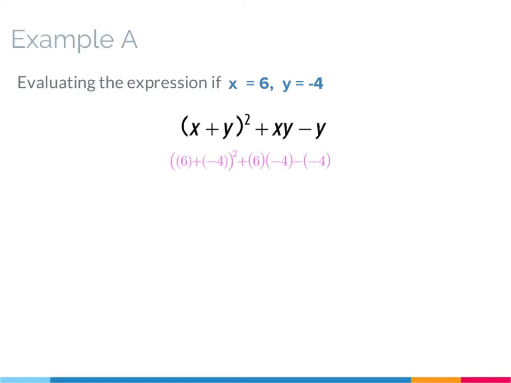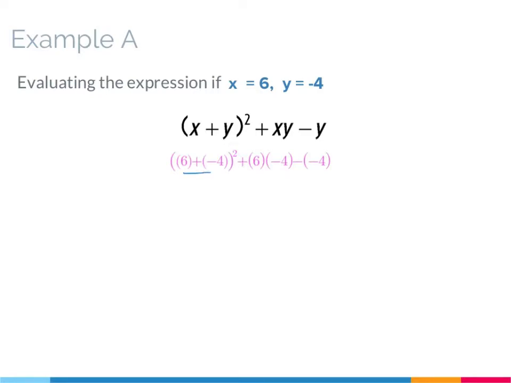Now, once I've plugged in my numbers, or once I've substituted, if you don't want to hear the plug-in term and you want to use substitute, the correct mathematical term here, now you're going to be following the order of operations that we just talked about. So again, I'm going to select the thing that I'm going to be doing next, underline that part so I know which part I'm doing, and then bring everything else down. In this case, I'm going to remember GEMS, and I'm going to start with my grouping symbols.